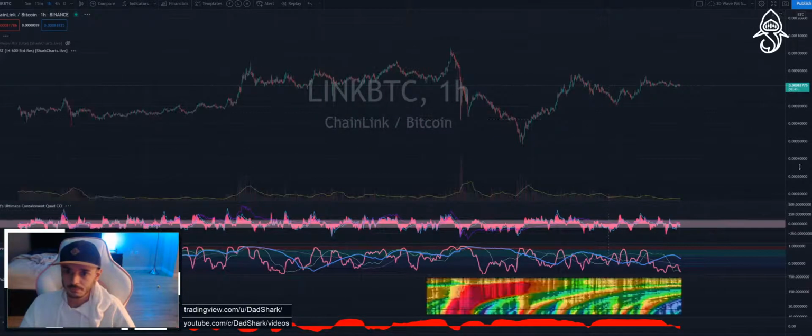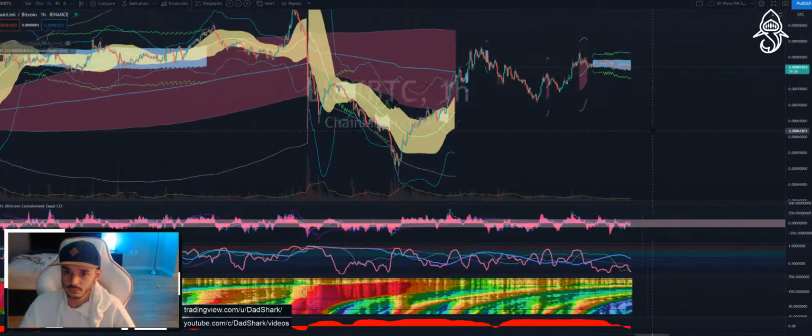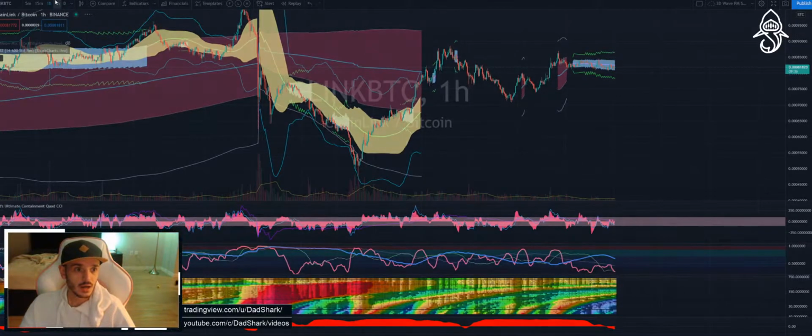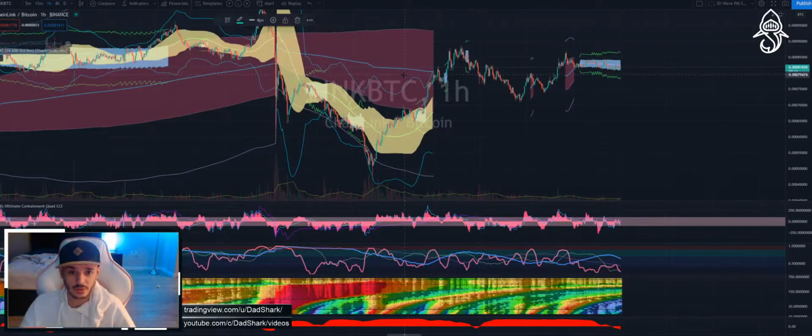Okay. I'm not getting super strong readings on this. So what happened here is I actually tried to short this here, which is what we just looked at on Bitcoin 4 hour, because this is a bearish pivot.